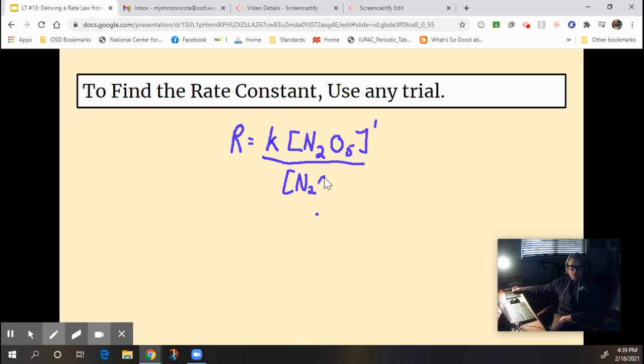So divide both sides by N2O5 to the first power. That is going to give me the rate divided by the concentration of N2O5, which will give me my proportionality constant.